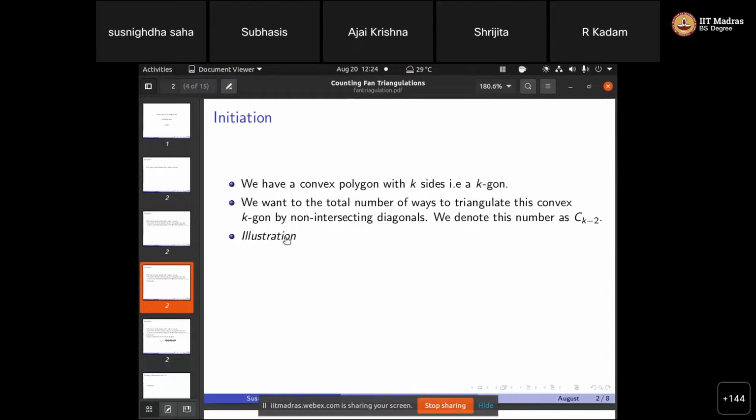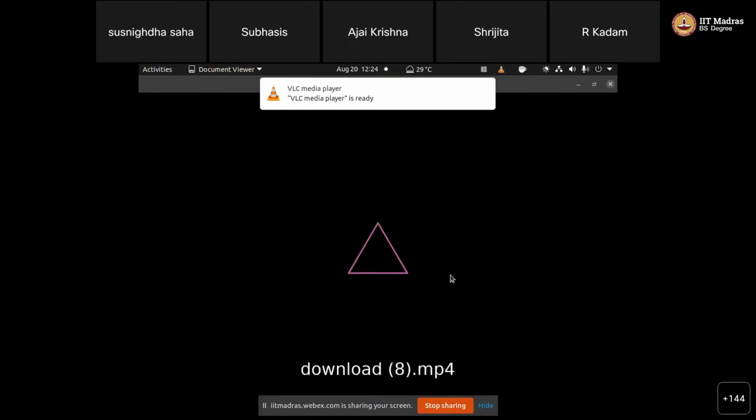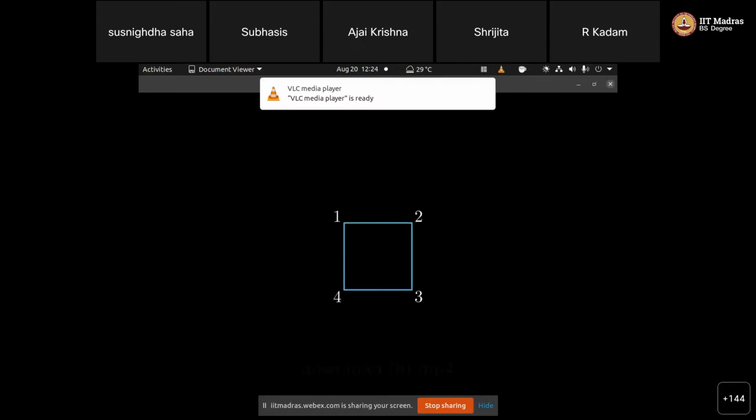So let's just try to look at what we are doing. This is a short animation I made. Here in this video, I have illustrated the number of ways of dividing a k-gon into triangles, and I'm doing that for k less than or equal to 6.